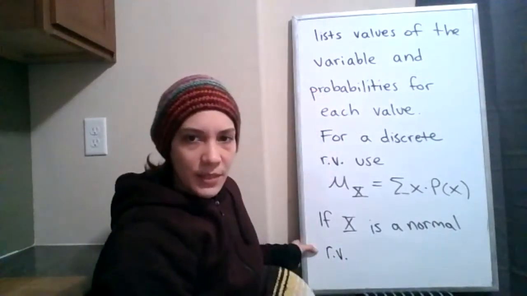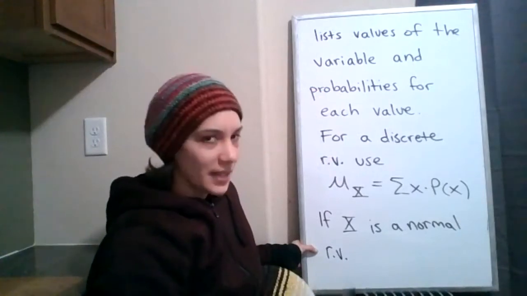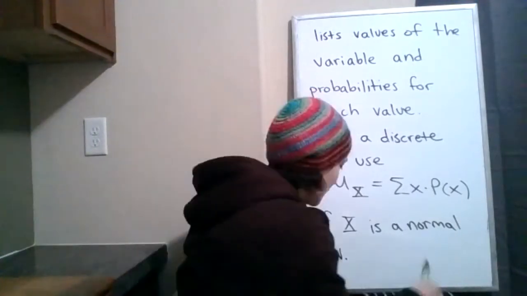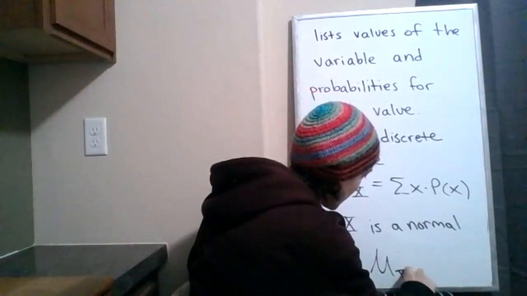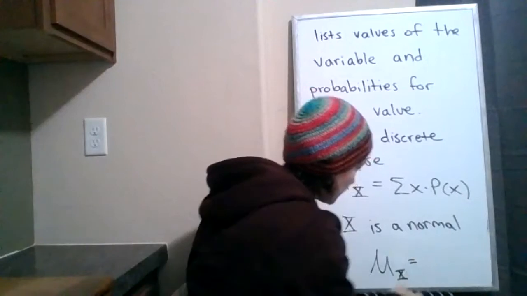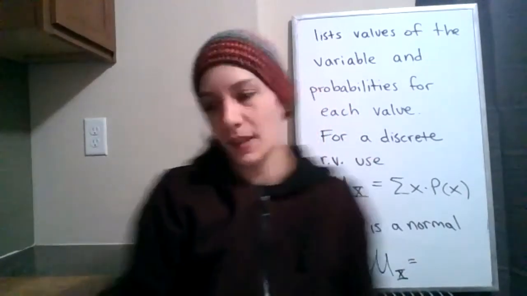There's a formula for the mean, and there's a formula for the standard deviation. I'm going to have to check what that formula is, but it's going to be mu sub x equals. All right, let me see.